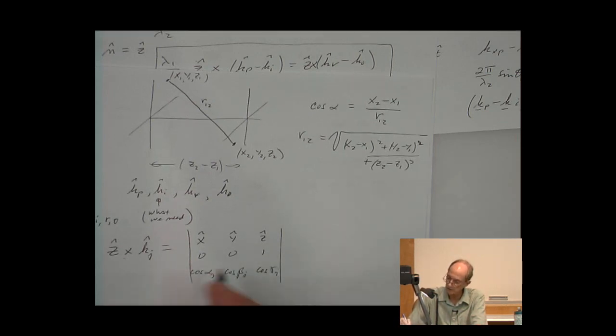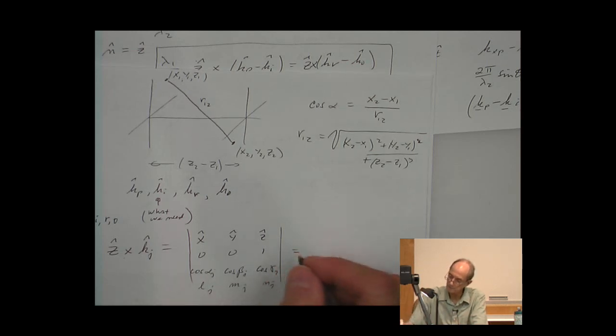We can substitute the L, M, and Nj values, and do the multiplication: x times this minus that, minus y times that minus that, and so forth.